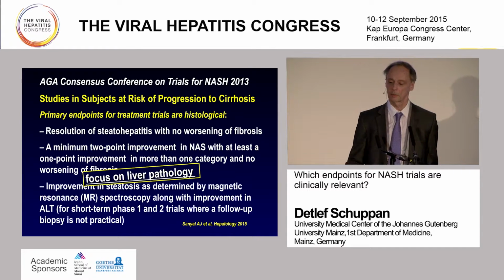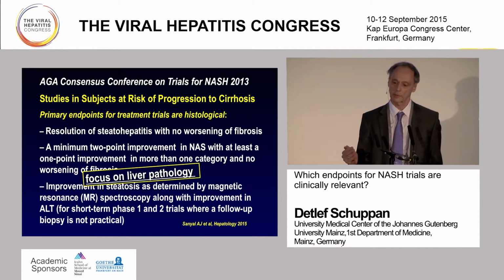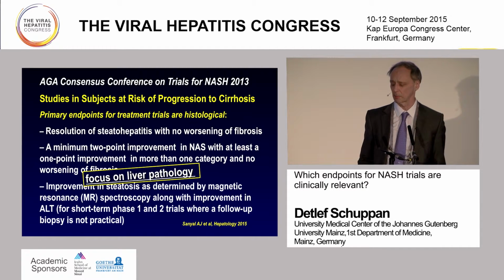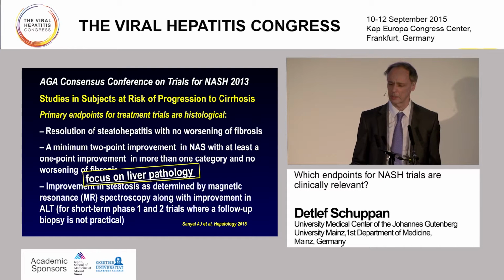But then if we include the lower grades of inflammation, although patients incur a high risk for progression, as we have heard before, then we also have a significant placebo effect, as outlined very nicely by Dr. Yunusi. And of course, separate from this inflammatory score, we have the fibrosis score, very similar to the score for hepatitis C in a way.